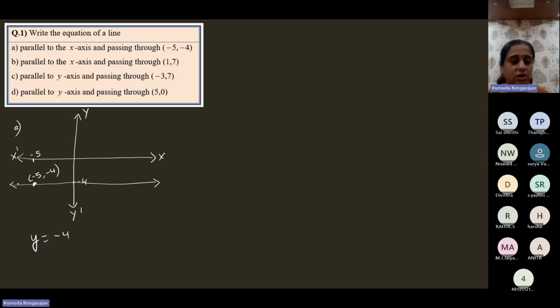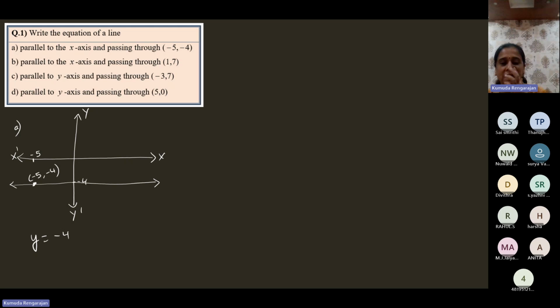You can see that when you take any point on this line, the x coordinate will change, but the y coordinate will always be -4. That is why the equation is y is equal to -4. It means the ordinate of every point on this line will be -4.